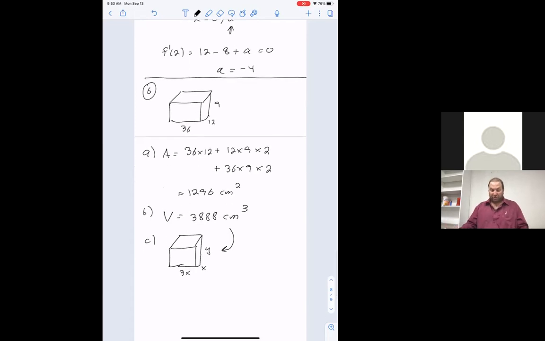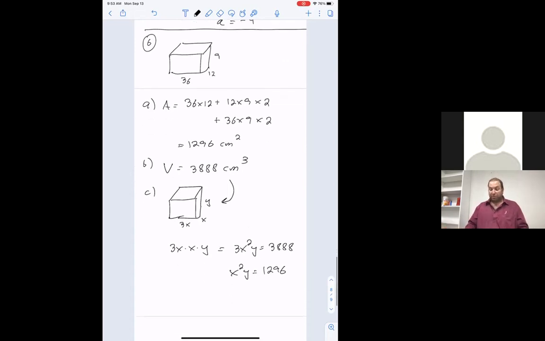Use this value to write down and simplify the equation in x and y for the volume. Well, the volume is 3x times x times y, or 3x squared y equals 3888. If I divide both sides by 3, I get x squared y equals 1296. And that is the simplified version of that one.